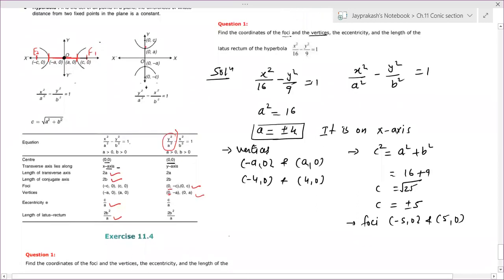Now eccentricity. So eccentricity e is equal to c by a. We need to use only the positive value of c. So it's 5 upon 4.